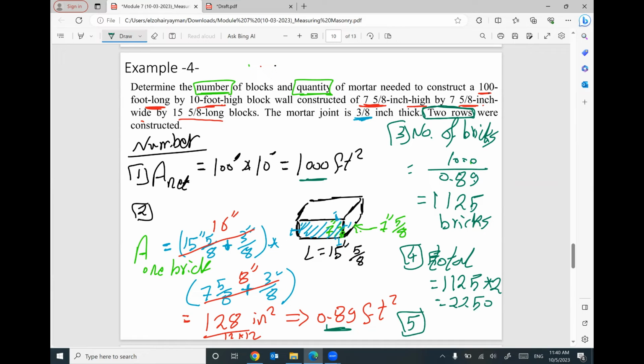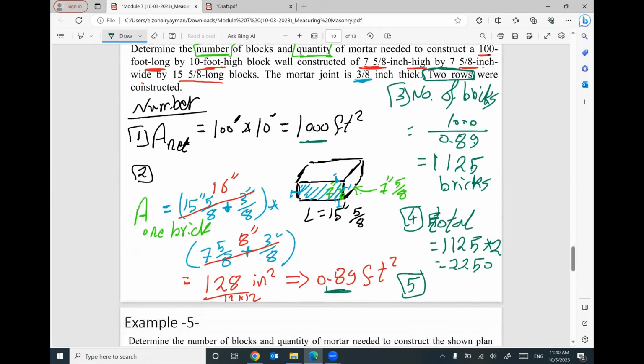Since we have a percentage for waste, I have to consider, do you think we have waste? Is it given? Determine the number of bricks. We don't have waste. If you would like to assume it, that's fine. If you don't, no waste will be considered. I will count only. The final number will be 2,250 bricks.